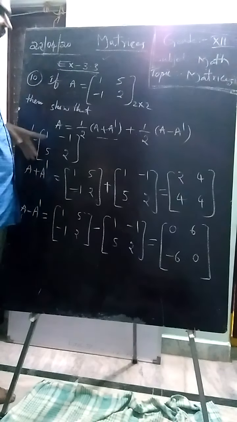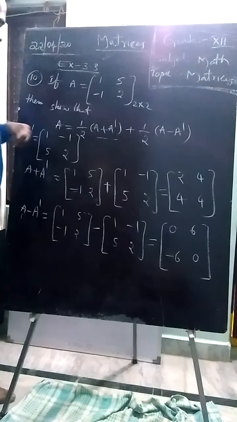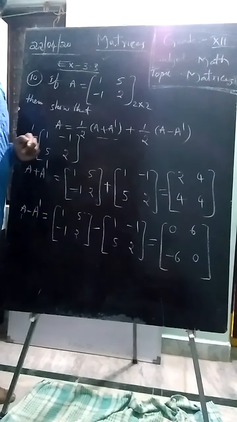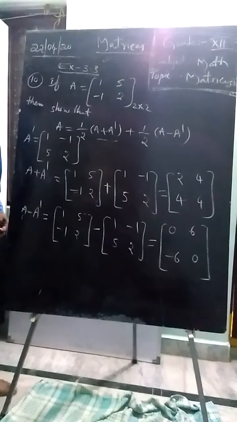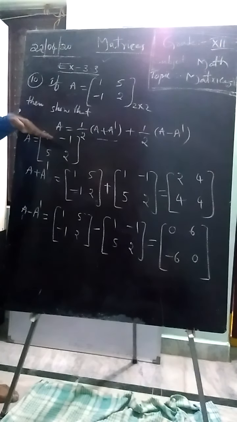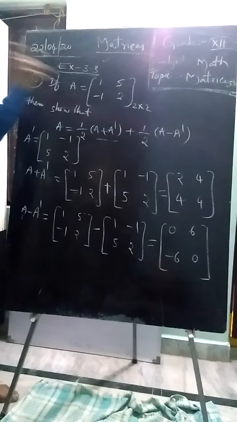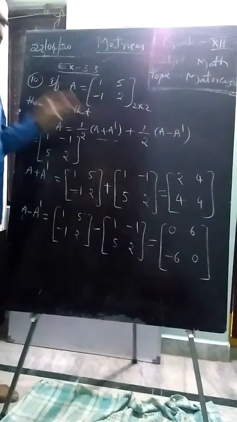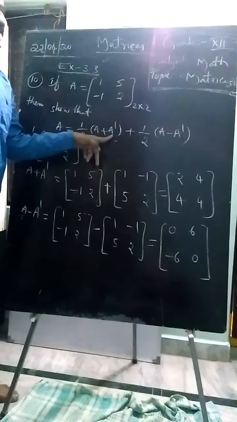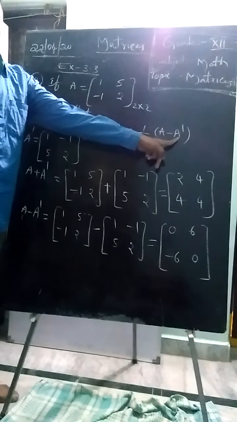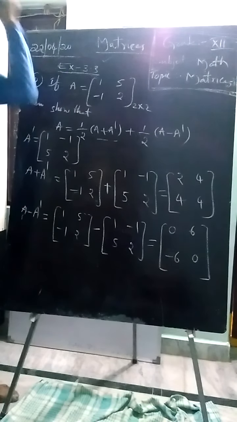Now let us find A transpose. We already learned that if a square matrix A is given, A plus A transpose will be a symmetric matrix and A minus A transpose will be a skew symmetric matrix.